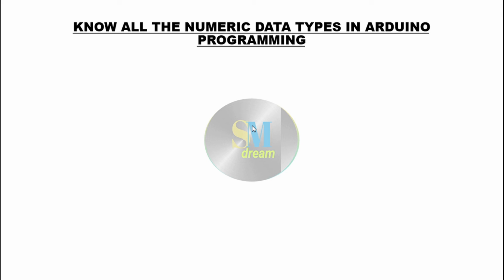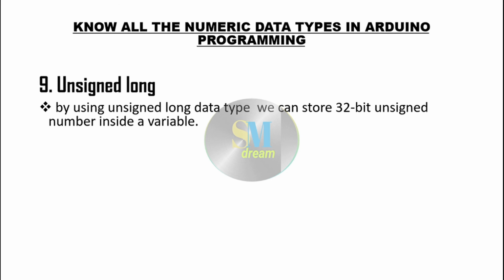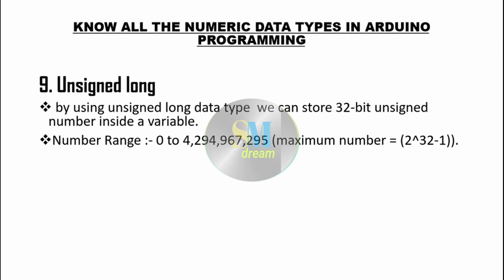Let's move on to the last numeric data type in Arduino programming. That is unsigned long. I have discussed long earlier, and this is unsigned, meaning here we can use only positive numbers. So by using the unsigned long data type we can store a 32-bit unsigned number inside a variable, and the number range you can see here.